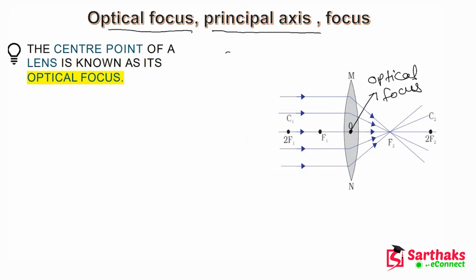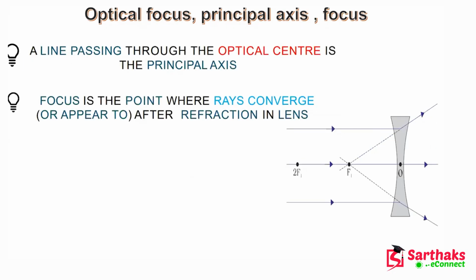And this is the principal axis. The principal axis is this line, which is passing through the optical center, like this. So the center point of a lens is known as its optical center. I hope you got it. Now let's go over to the next slide.